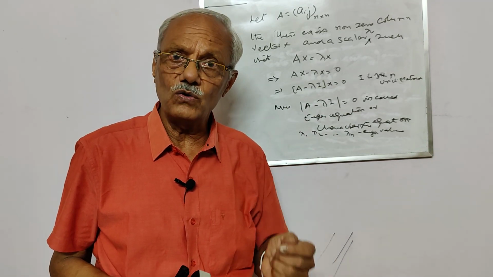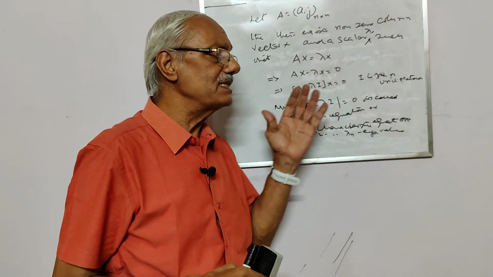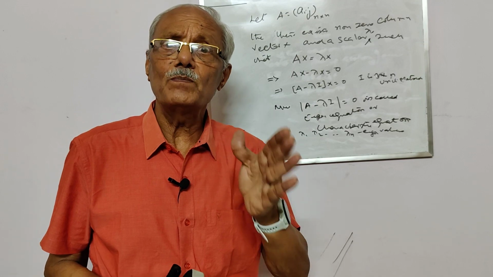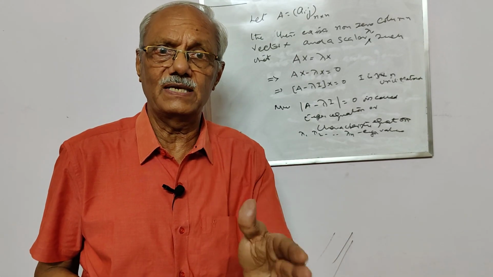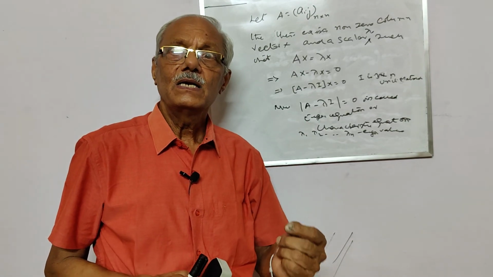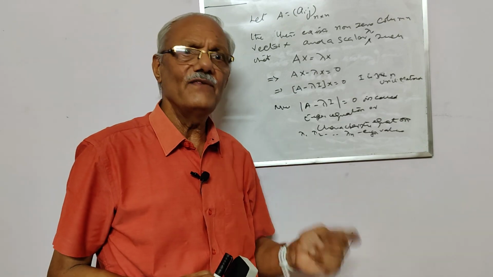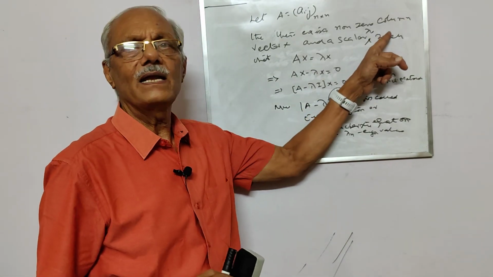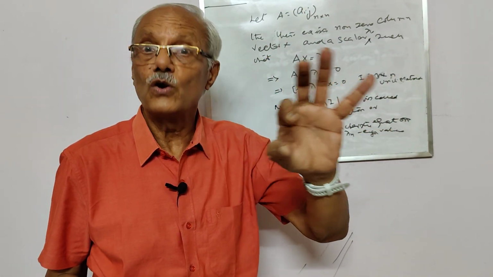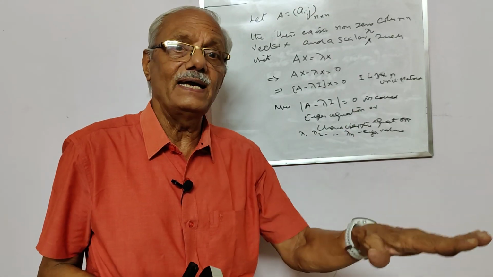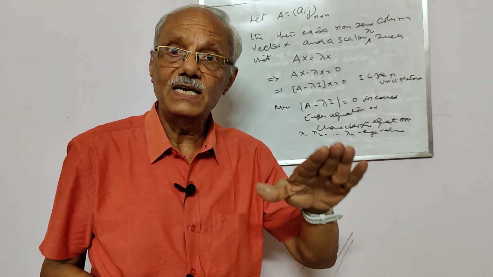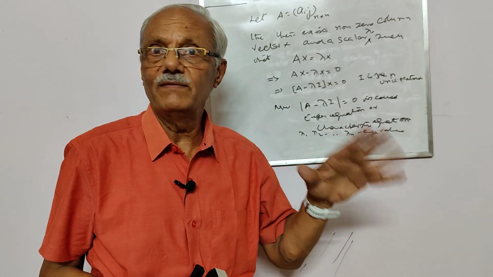If this polynomial is solved for lambda, since it is an nth degree equation, you will have n values, lambda 1, lambda 2, lambda 3 up to lambda n, and they are called the eigenvalues. And incidentally, note that for every lambda I can get an eigenvector, and eigenvectors are not unique. So these are the basic ideas that you must have about the eigen equation, eigenvalues, and the eigenvectors.